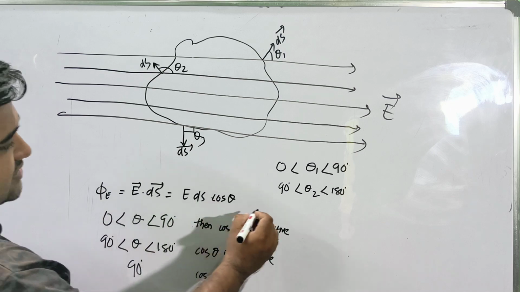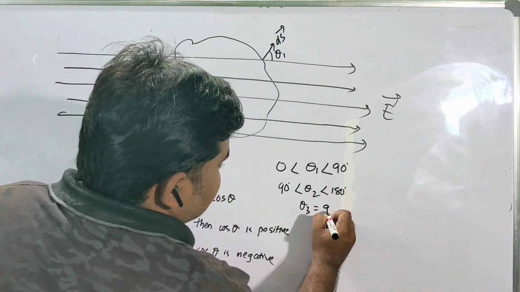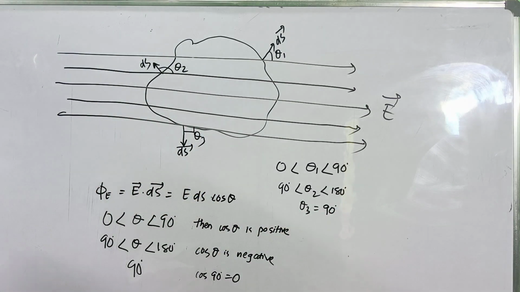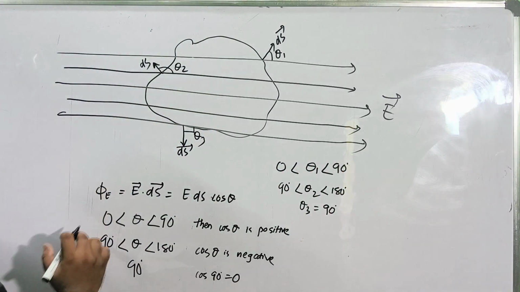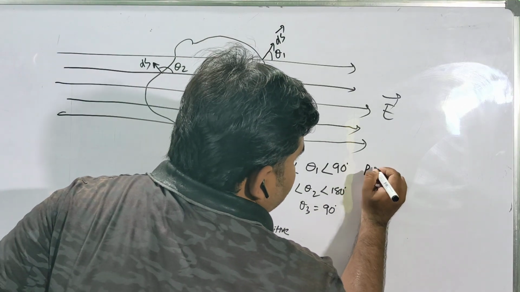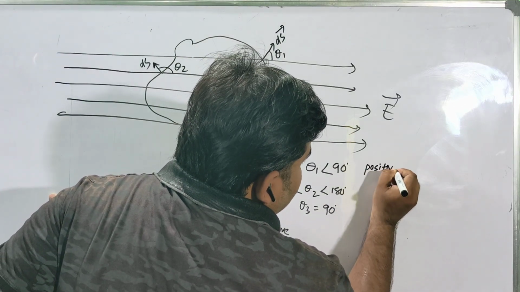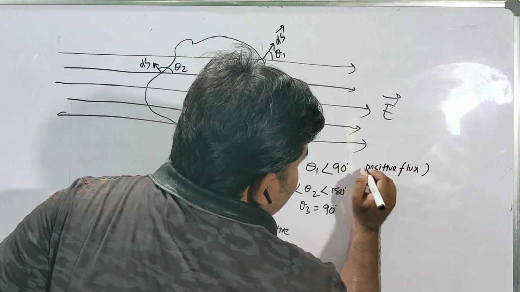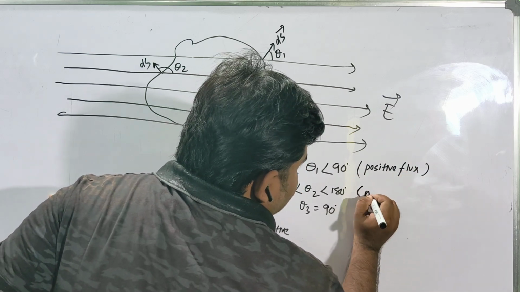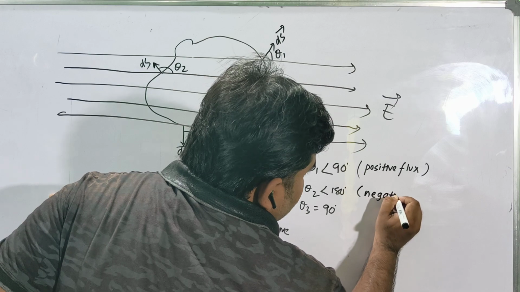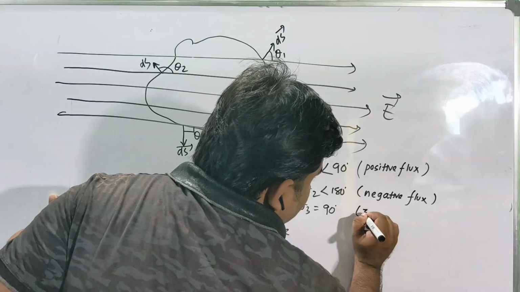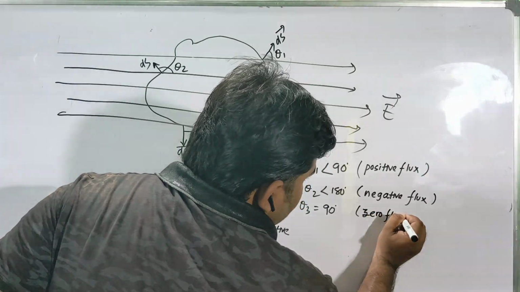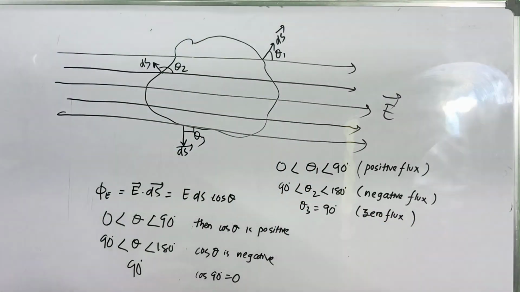And at this point you can see that theta 3 is exactly 90 degrees. In the first case, it is positive flux. In this case, it is negative flux. And in this case, it is zero flux. So there are three types of flux: positive flux, negative flux, and zero flux.